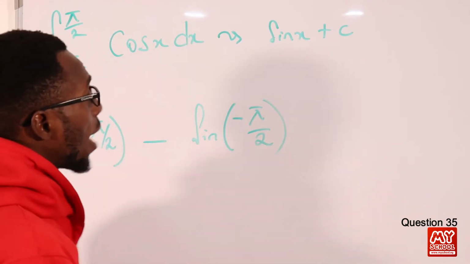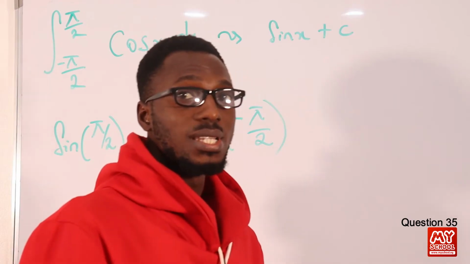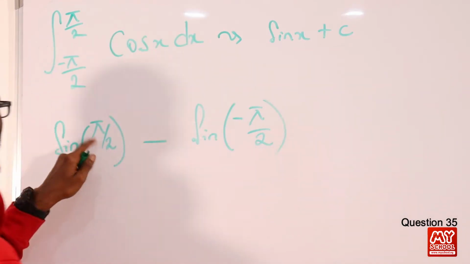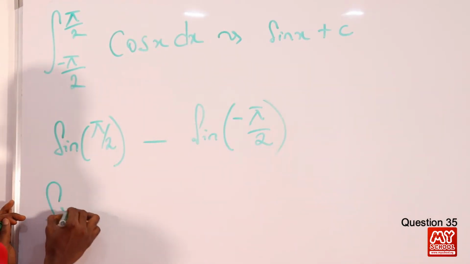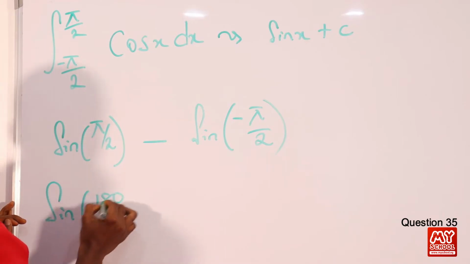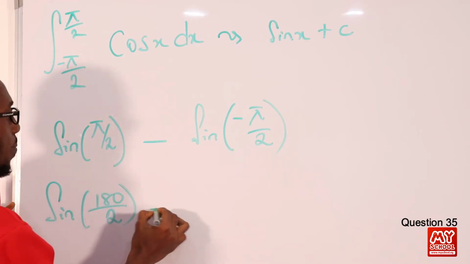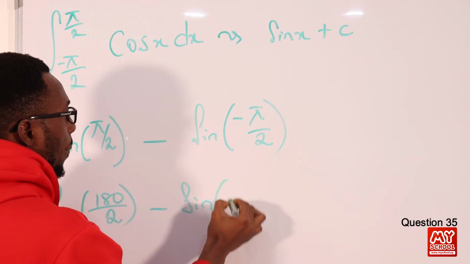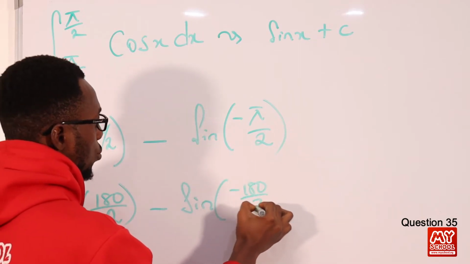Remember, pi radian is equal to 180 degrees. So anywhere I see pi, just put 180. So I have sin of 180 over 2 minus sin of minus 180 over 2.